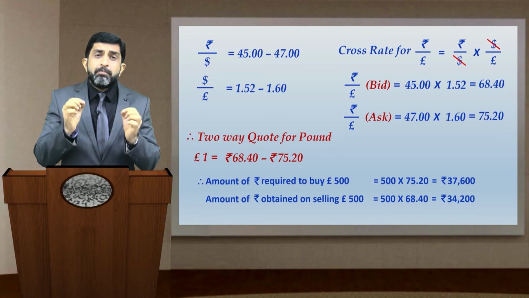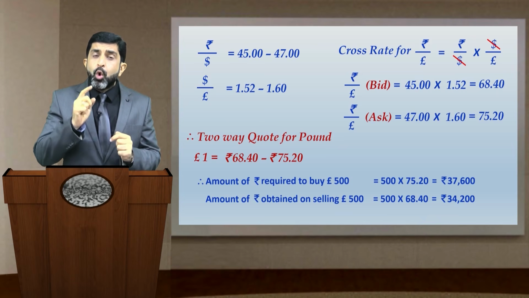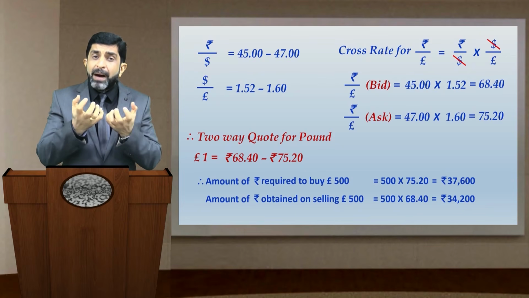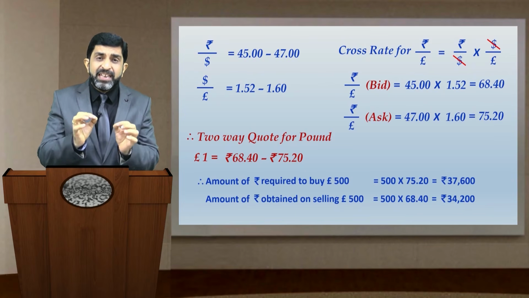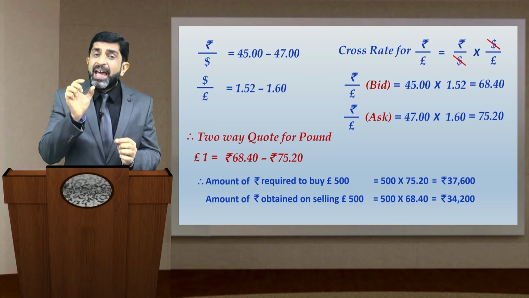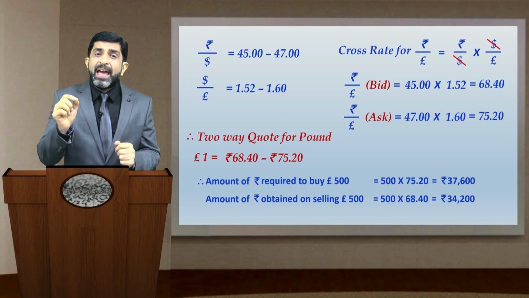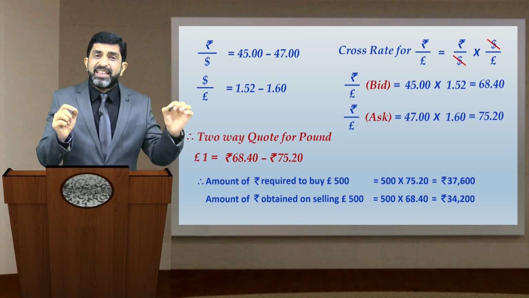When I go and buy 500 pounds, you observe one thing. Quote of pound is given in terms of dollar. When I have to buy pounds, obviously I will need to apply ask rate of pound, correct? Ask rate of pound is given as $1.60.